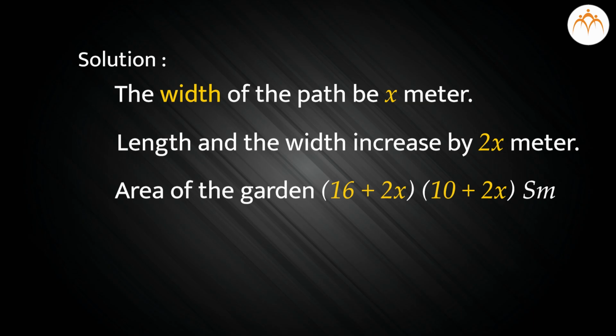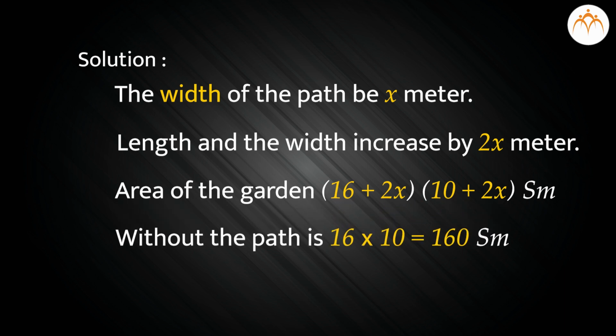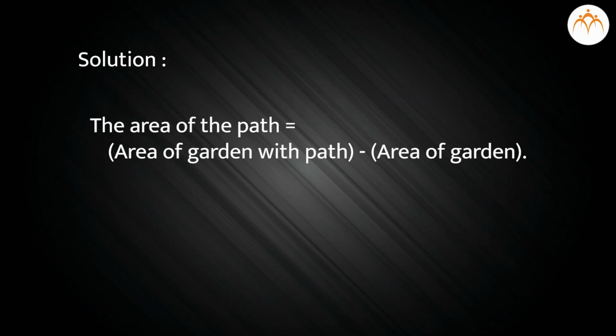The area of the garden with the path is (16 plus 2x) into (10 plus 2x) square meter. The area of the garden without the path is 16 into 10, that is 160 square meter. The area of the path is equal to area of garden with path minus area of the garden.